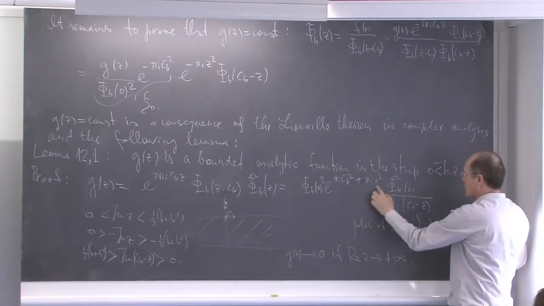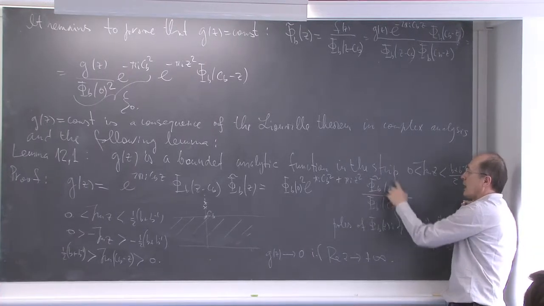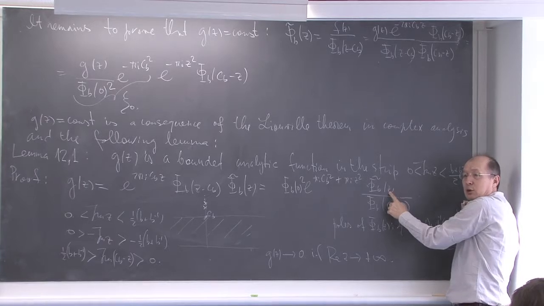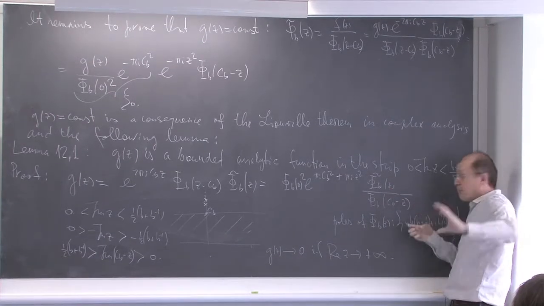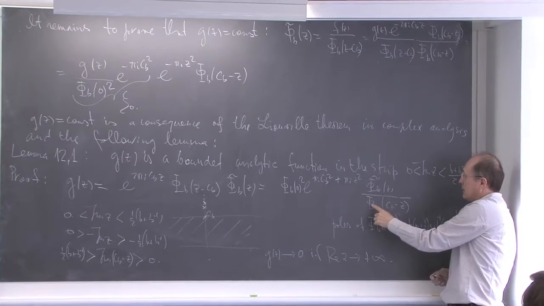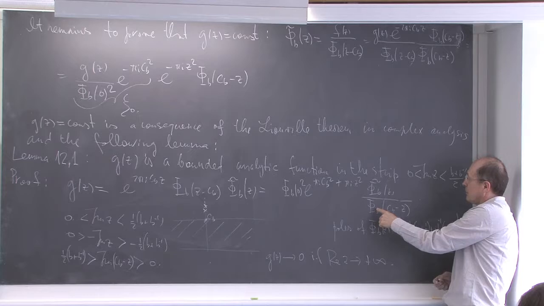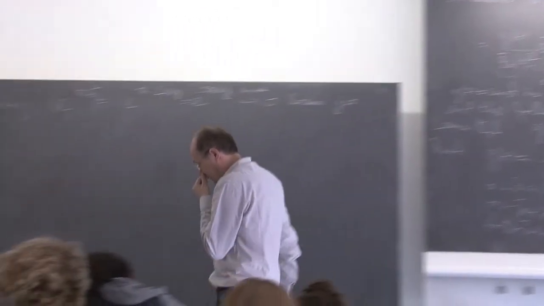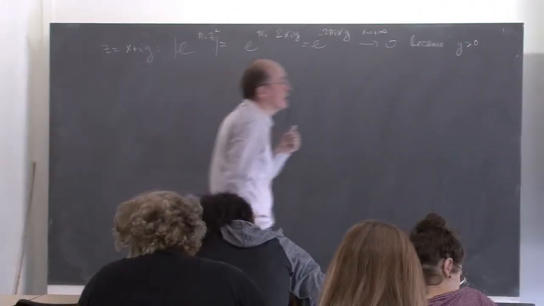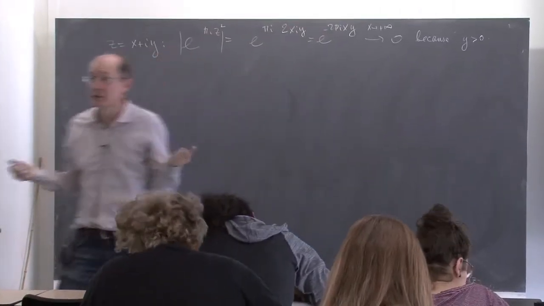So this goes to 0, this goes to 1, and this is a Fourier image of a Schwartz function, right? In the strip, phi b tilde is a Schwartz function as a Fourier image of a Schwartz function.